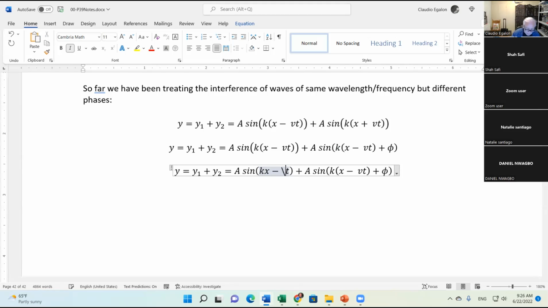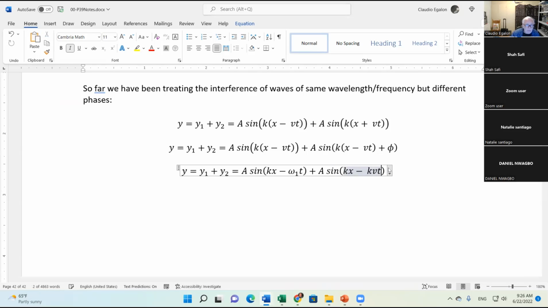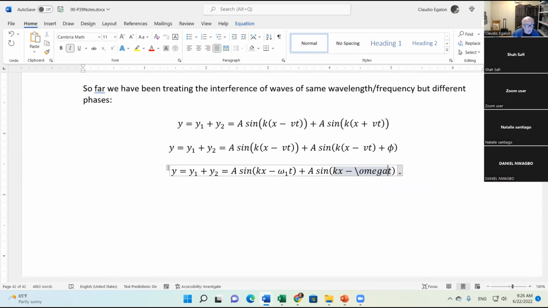And then omega 1. And there's no phase difference from the beginning. It's going to be omega 2 here.